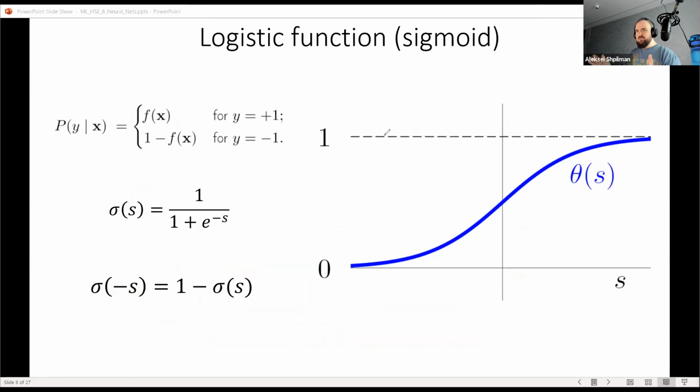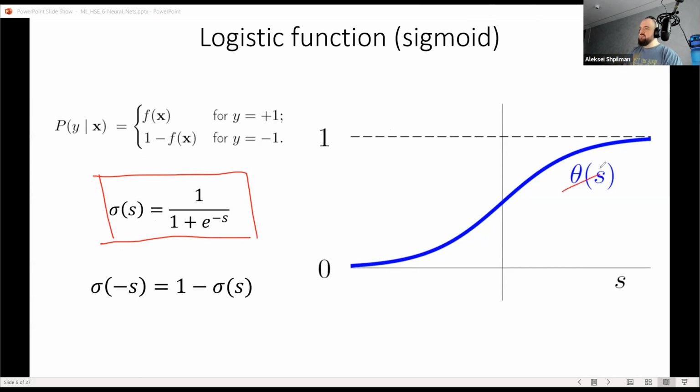It is a very nice function used almost everywhere in machine learning. It's called a logistic function or a sigmoid. And the formula for that function is this one. So a sigmoid of s is 1 over 1 plus the exponent to the power of minus s.